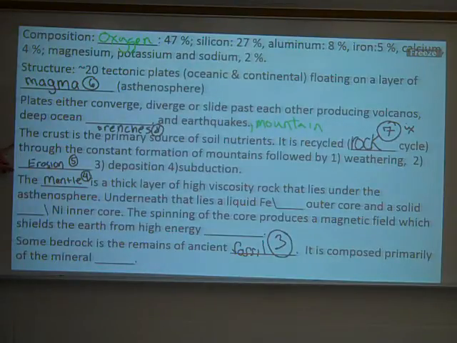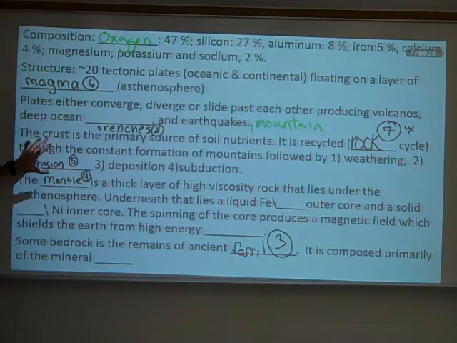Once again, the main biological function of the crust of the Earth is to provide soil nutrients, and not just soil nutrients. These nutrients are going to wash off into the ocean, and that is where you get the nutrients that the ocean organisms, the ocean food chains need, starting with the phytoplankton.